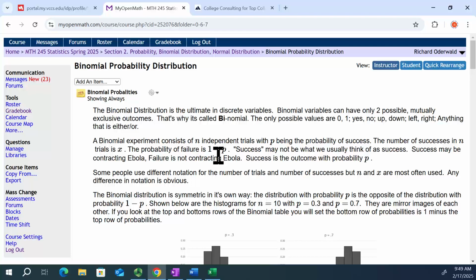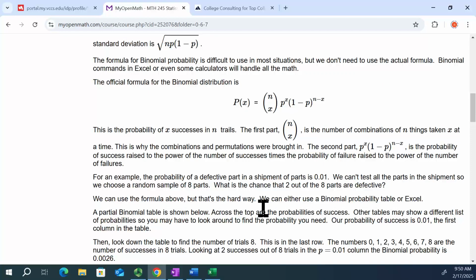The probability of success in the binomial is a P. Just write P for probability. And it's the probability that something is a success. So this is the binomial, and it is written n things taken x at a time. If I wanted one defect out of 10, this would be 10, that would be 1.